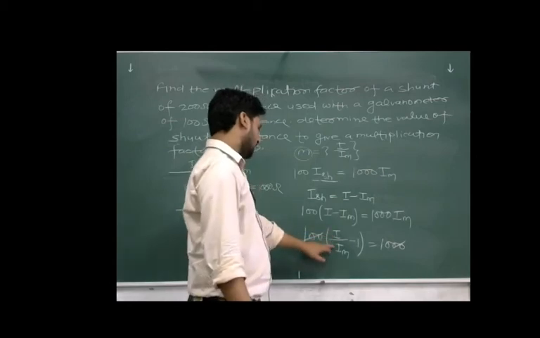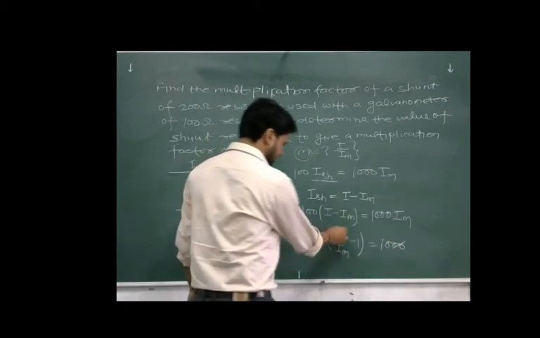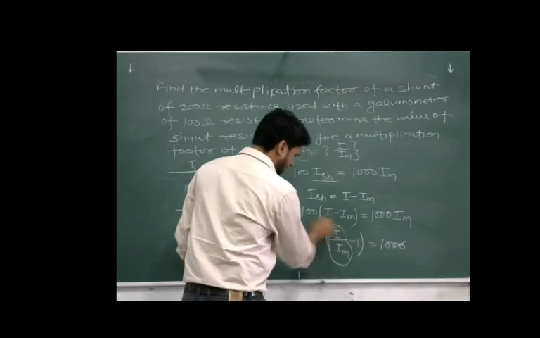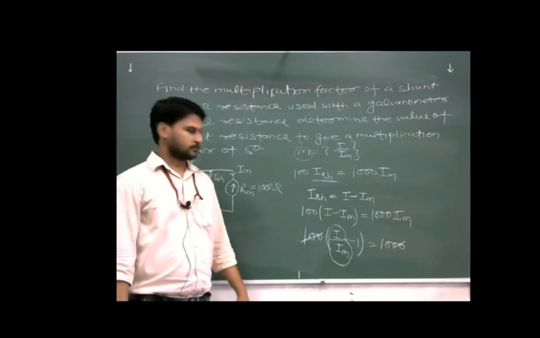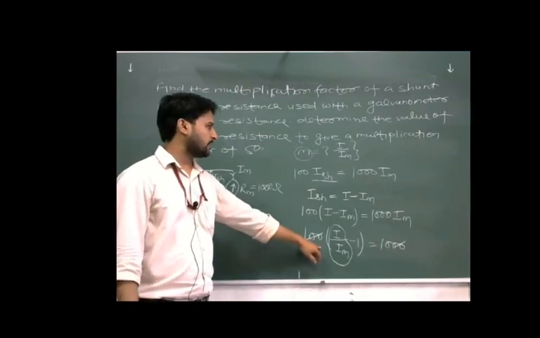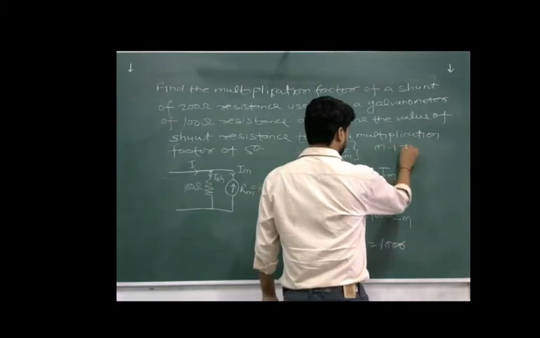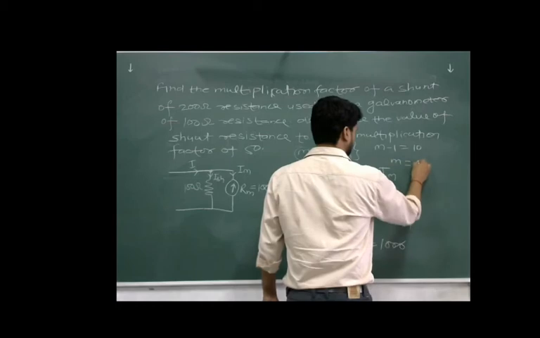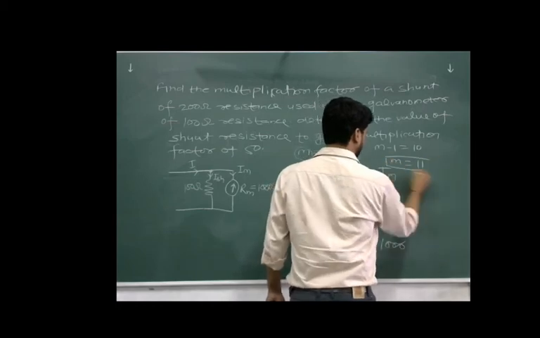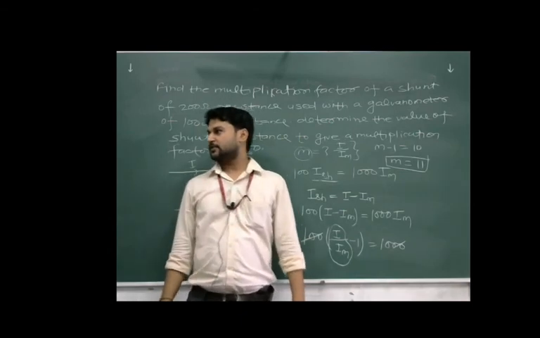I upon Im minus 1 is equal to 10. This term I upon Im is known as the multiplication factor M. So we can write from here M minus 1 is equal to 10, so the value of M is 11. Here the value of M is 11. Multiplication factor is known to me.